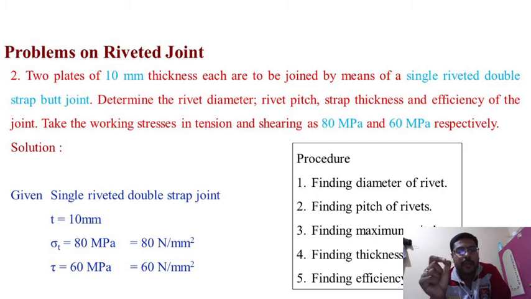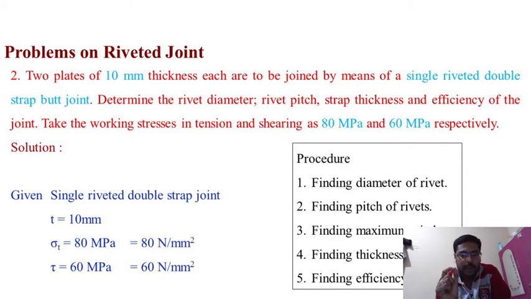Determine the rivet diameter, rivet pitch, strap thickness, and efficiency of the joint. Take the working stresses in tension and shearing as 80 megapascal and 60 megapascal respectively. This is the problem.